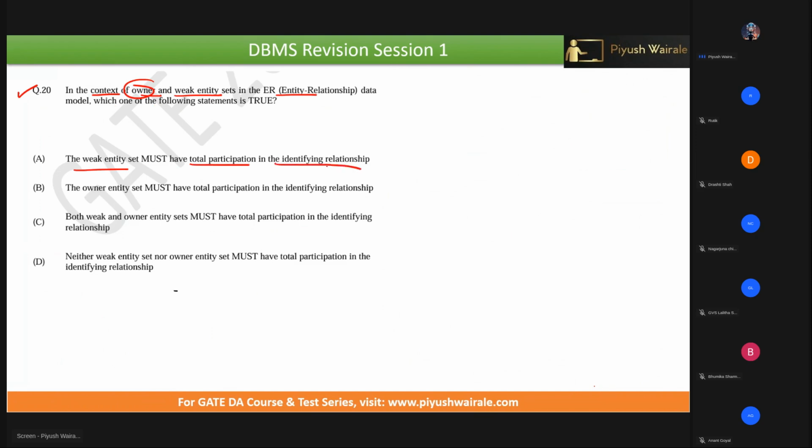Or the owner entity set must have total participation, or both weak and owner entity set must have total participation, or neither weak entity set nor owner entity set must have total participation. Which of the options is correct here? Option A must be true. Yes, option A is correct here, right?